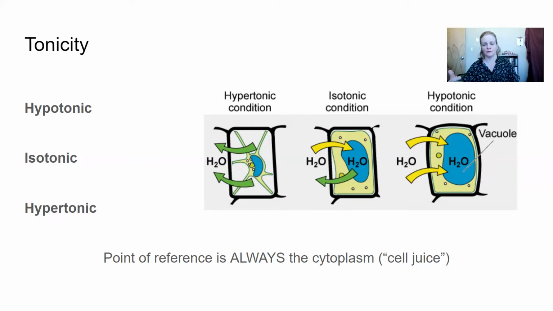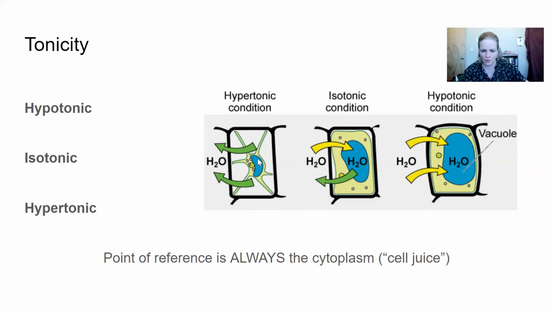And so that's when you guys were doing the lab and you looked at the Elodea leaf under the salt water, and it looked kind of like this because the water left the cell in order to try to dilute that salt water. So, we know that molecules don't have sentience.